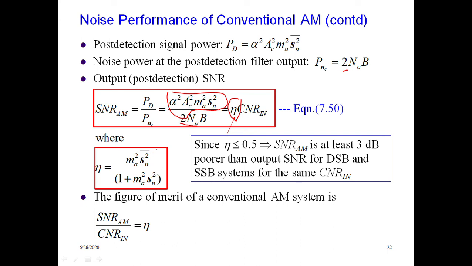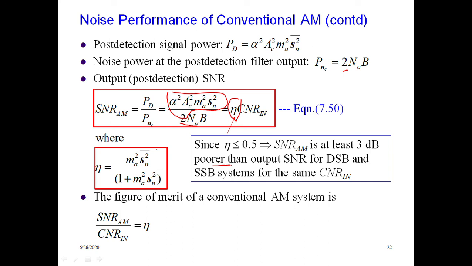Since mu is less than 0.5, the SNR of the conventional AM is at most 0.5. If you change into dB, it is at least 3 dB poorer.